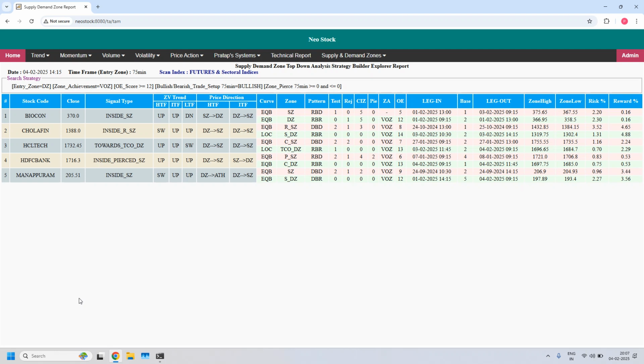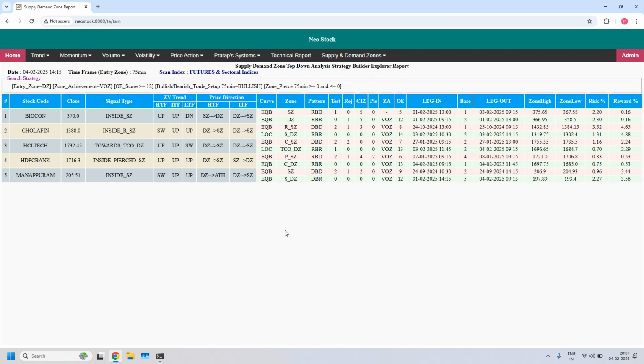These 5 stocks are currently supporting bullish trade setup for weekly income trade, and entry time frame zones are 75 minutes demand zones. All the 5 stocks, the demand zones are 75 minutes time frame. Whether they are having high probability or not, you can check based on the zone confluence. Some are already high probability because of high liquidity zones.